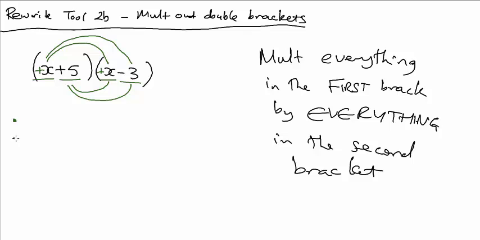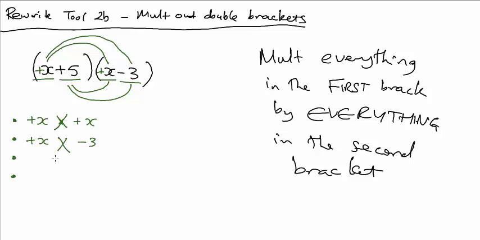Here are the 4 things which are multiplying together for me. In the first one, I've got plus x times plus x. Then I've got plus x times my minus 3.